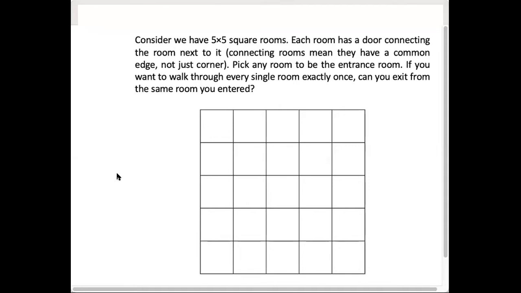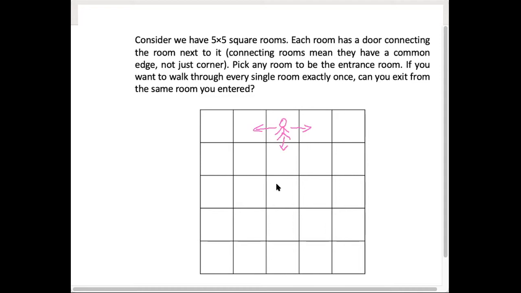Each room is said to be connected with another room when they share a common edge, not only a corner. So for example, if we pick this room, then we have three choices to go through the doors: this one, and this one.